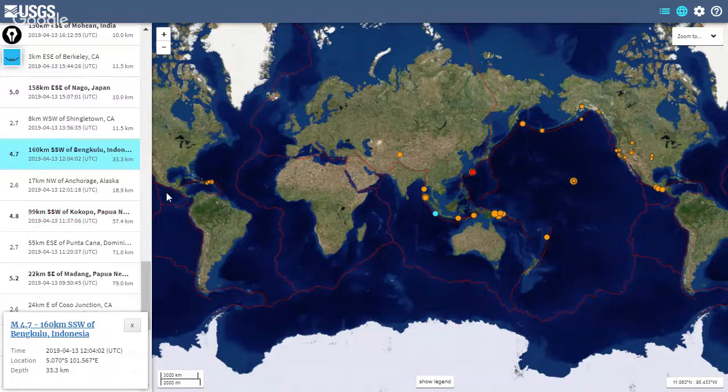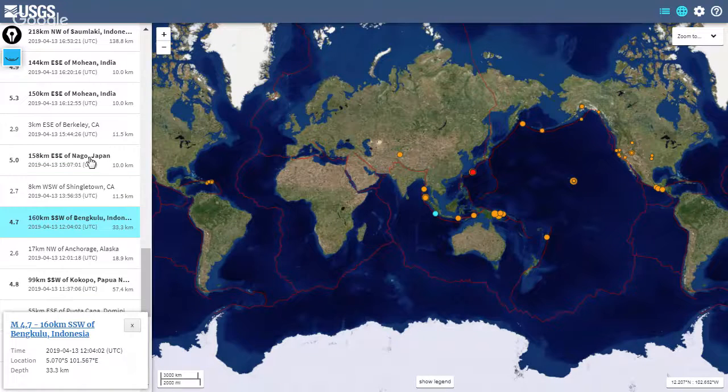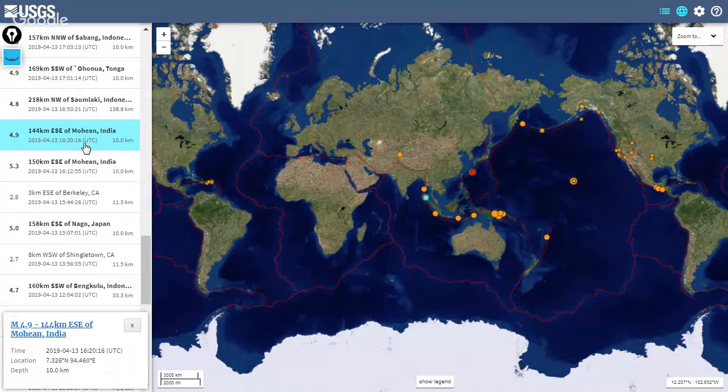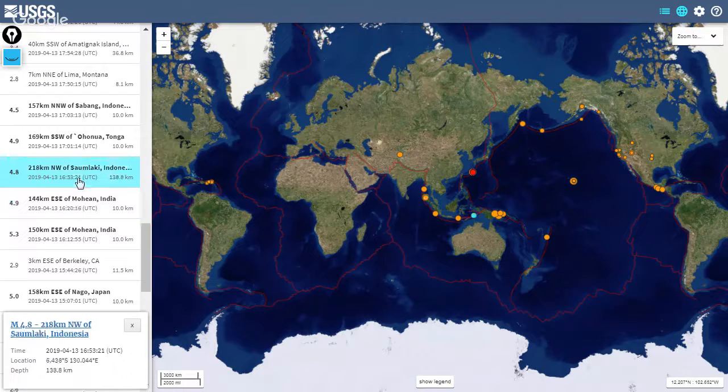Here's a 4.7 at Indonesia. 5.0 at Japan. 5.3 at India. 4.9 at India. Seen some activity there the past 2 days.